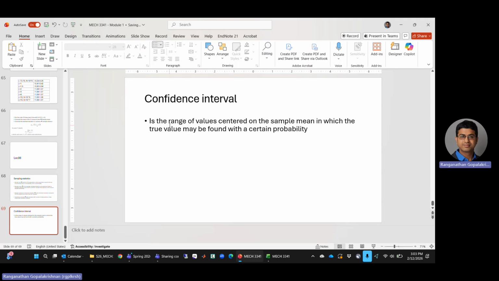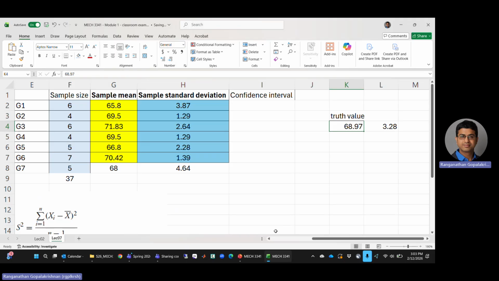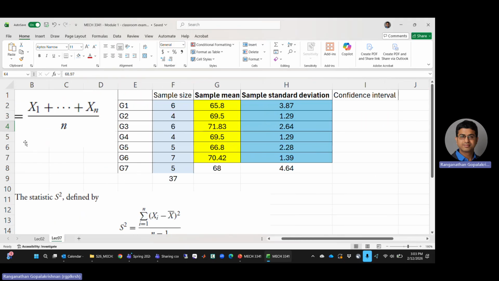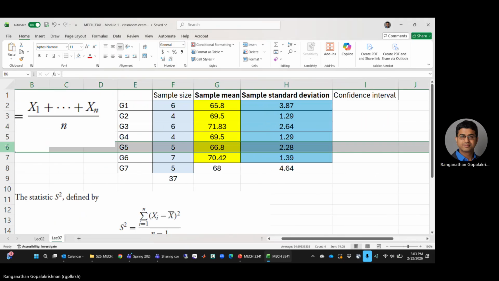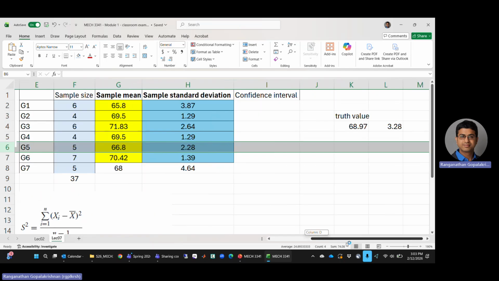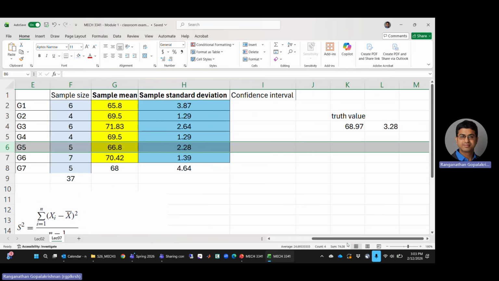What is that statement? Can we understand that? Let's go back to this table here. We'll pick any one sample collected by one of the groups. The sample mean is 66.28 and the standard deviation is like 2.28. The true value, which we got by compiling all the values, is 68.97.